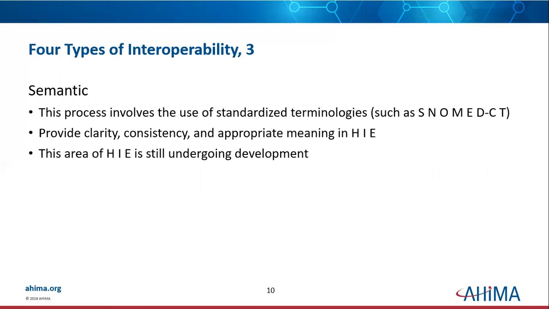And so if you can recall, SNOMED was a coding nomenclature that was used years ago, right? And so it has other capabilities, not only in the area of coding, but it is a nomenclature. It can provide clarity, consistency, and appropriate meaning in HIE. And it's still undergoing development.